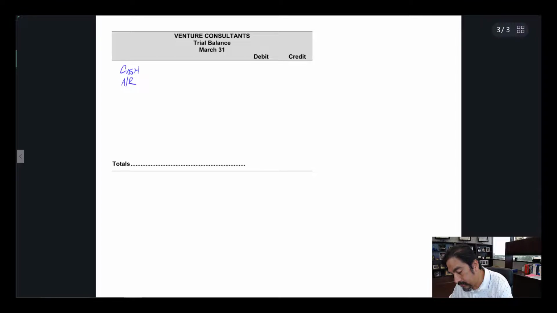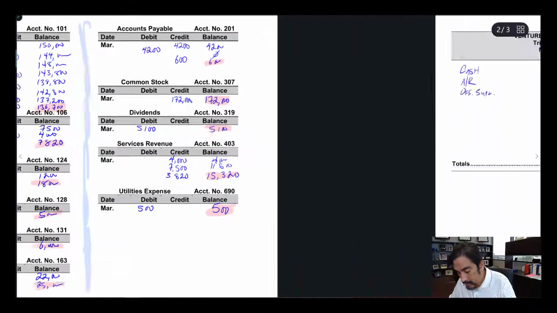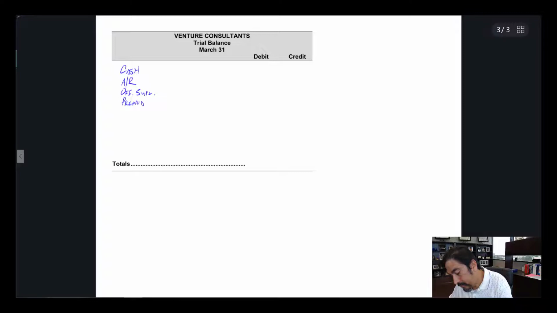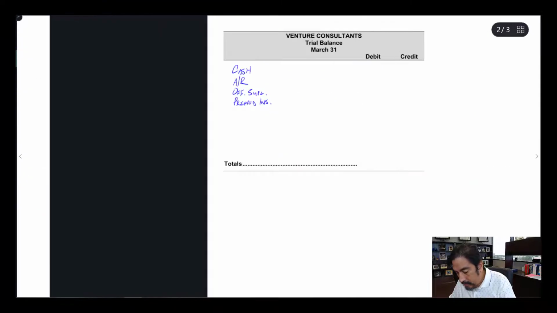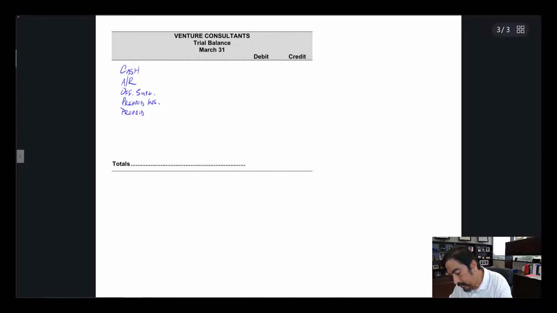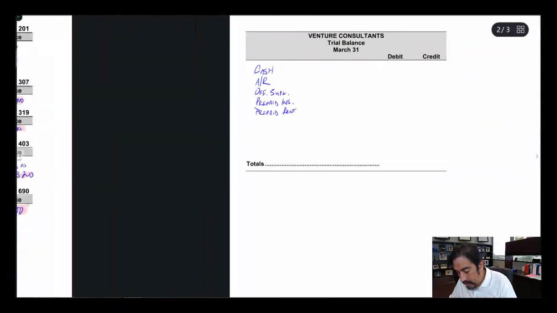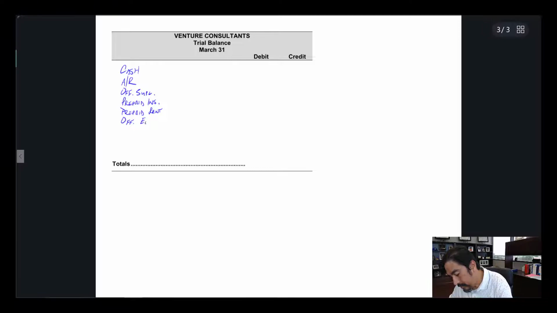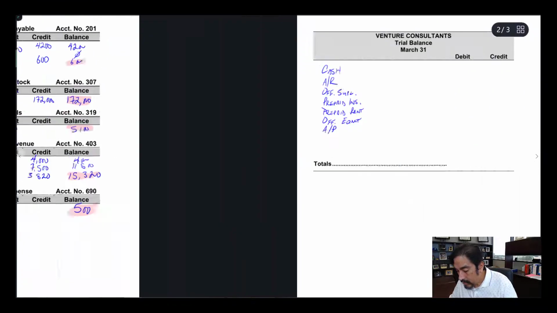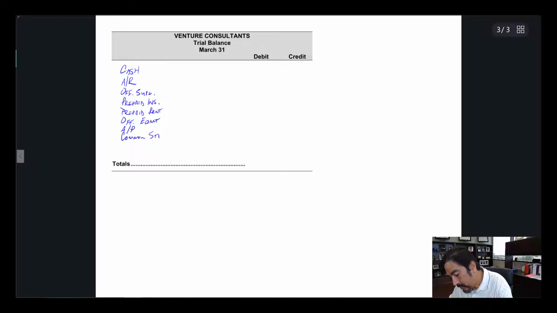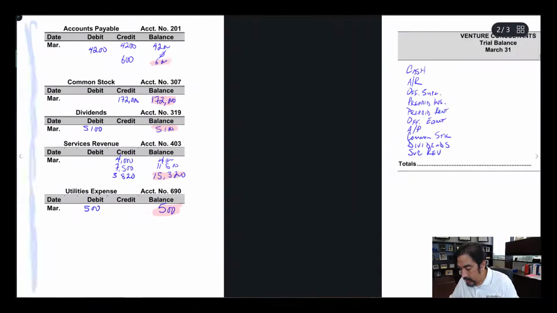Cash, accounts receivable, office supplies, prepaid insurance, prepaid rent, office equipment, accounts payable, common stock, dividends, service revenue, and utility expense.